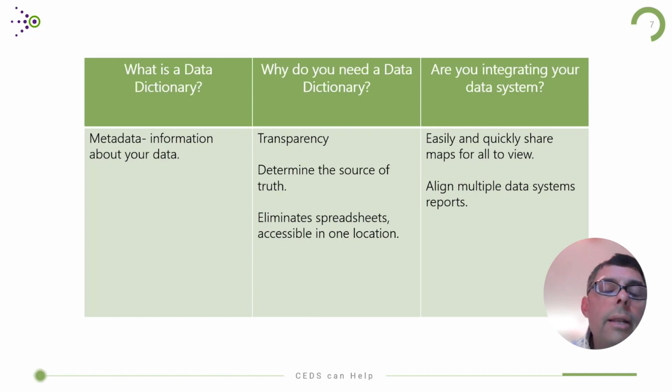For example, a data element could be race, with the definition in there and the option set that goes with that data element and definition. So the option set for race could be Black, white, Native American, and other groups that would belong to that option set, depending on the report or question you're looking to answer with your data.